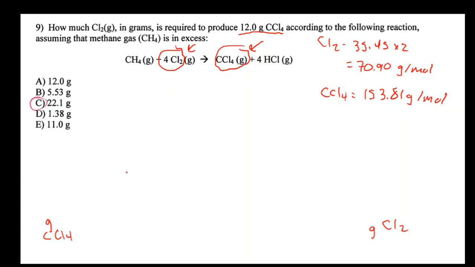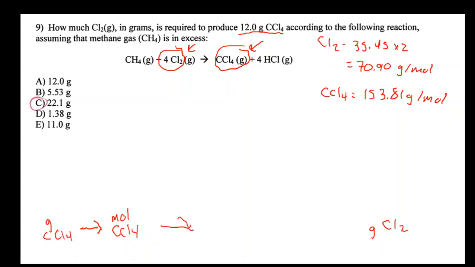In order to get from the left side to the right side, the first thing we want to do is figure out how to get this into moles, because then we can hop along this reaction here. So we go from grams of CCl4 to moles of CCl4.